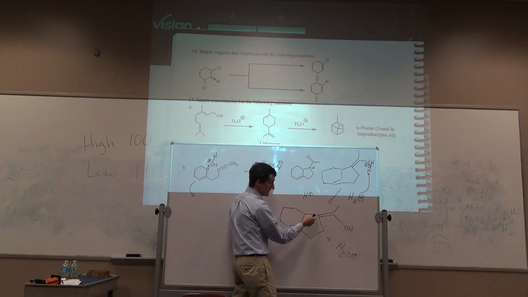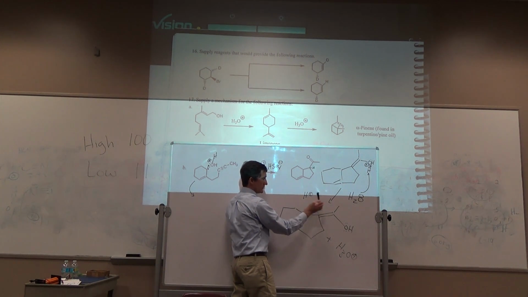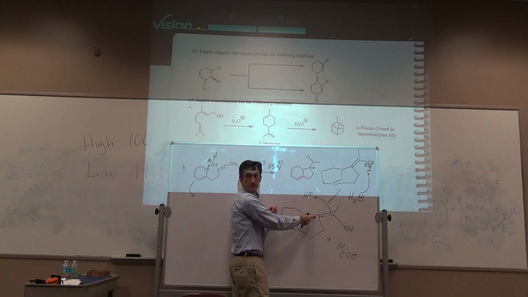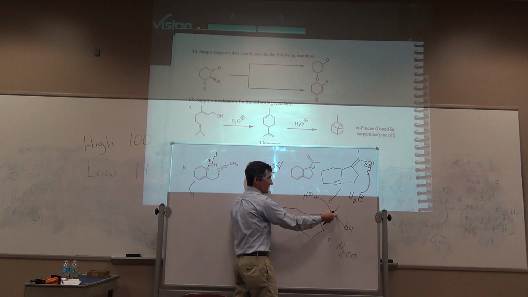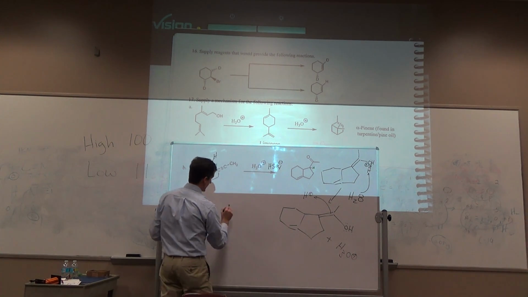Is there any way to get H here? Yeah, it's alkene chemistry. This just breaks away. And where are we going to leave the cation? Tertiary. Well, that'd be tertiary also. Oh yeah. We're actually going to leave it there because it's resonance stabilized.